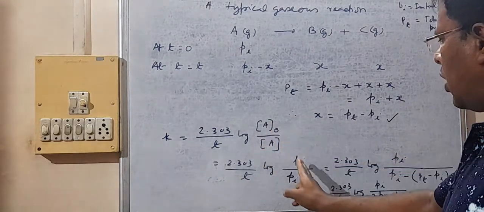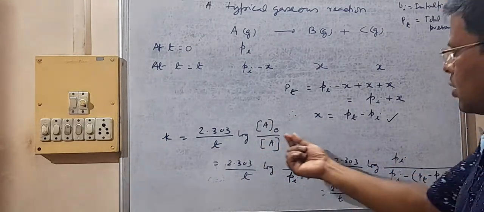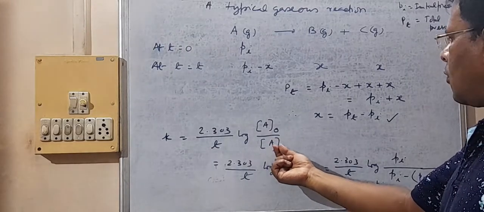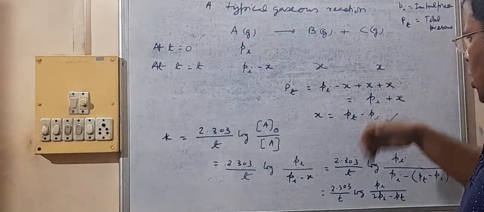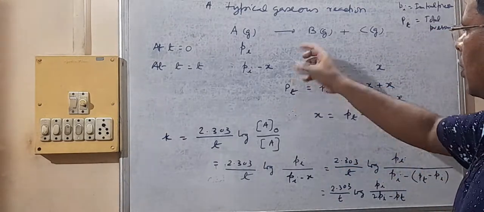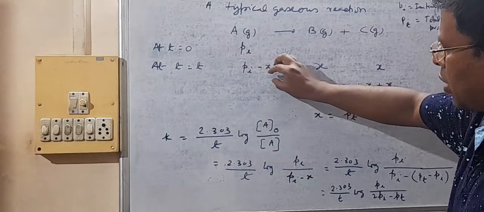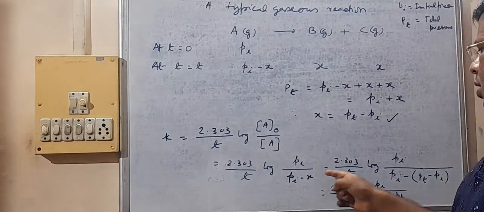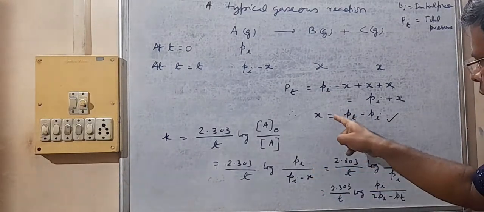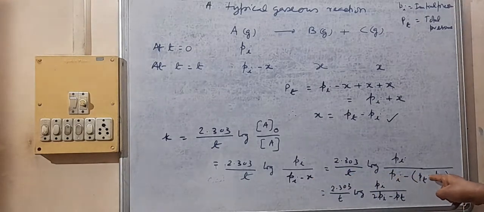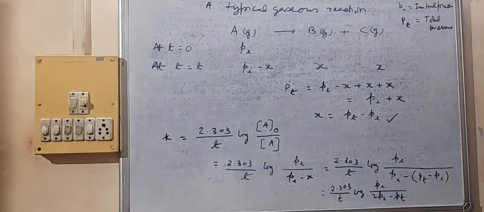So for A naught we have written Pi, and likewise concentration at time t will be proportional to the pressure at time t, which will be Pi minus X. Next we have substituted the value of X here, and on simplifying we get this: 2.303 by t log Pi divided by 2Pi minus Pt.